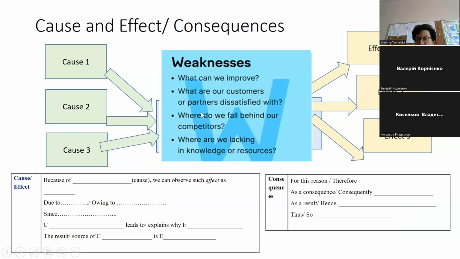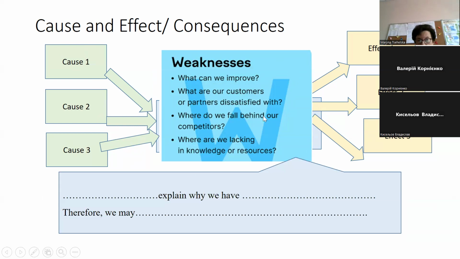We think of the weaknesses, then we analyze the causes for weaknesses, and we see what can be done with our weaknesses. Valeria, please tell about your weaknesses. So probably one of my main weaknesses, I would consider that I'm inattentive. What are the causes of this? I don't know.